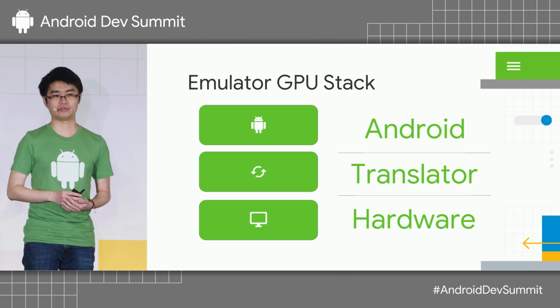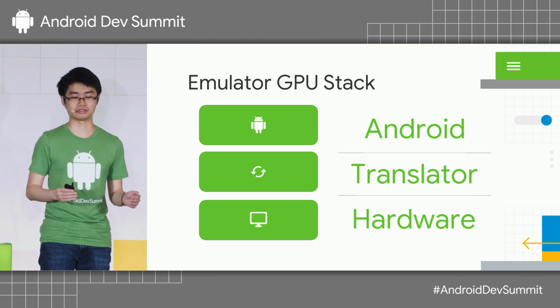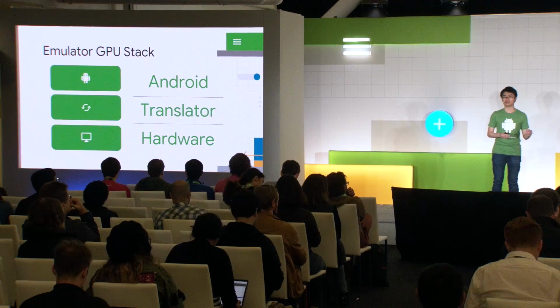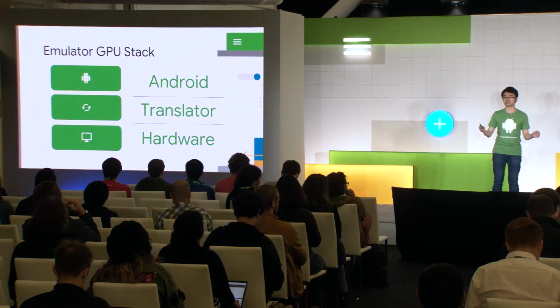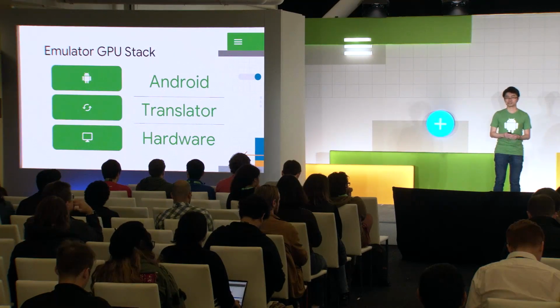In between them, we have the emulator layer, which we call translator. So the translator will translate GPU commands from the emulated Android into your hardware GPU. When we are doing the GPU snapshot support, we put all our snapshot logic into the translator layer, such that it will serialize its own state and dump them into your snapshot save file.